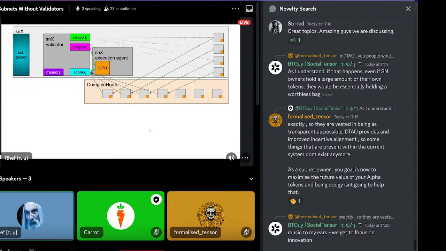And then the validator will have an execution agent, which may be on a separate machine, maybe on the same machine, and it will use that one in just a moment for cross-validation. It's a little thing that I will explain in a moment. But in the end, the weights are sent to memory, and from memory to subtensor.